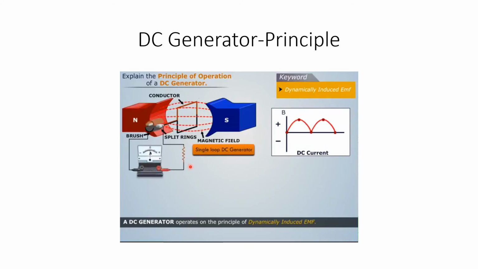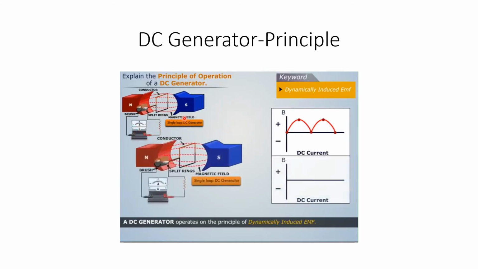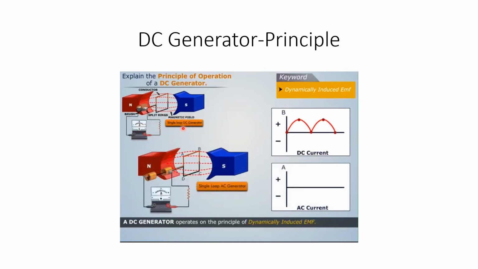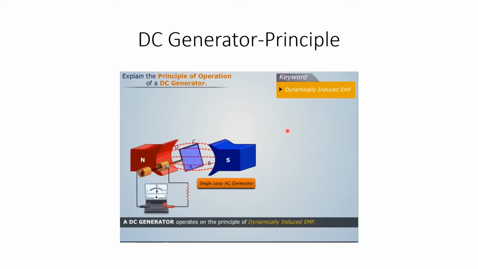The magnitude of EMF depends on theta, as we have already seen. If the plane of the conductor is perpendicular to the flux direction, the induced EMF is maximum. Whenever it is parallel, there is no EMF, so here it is 0.